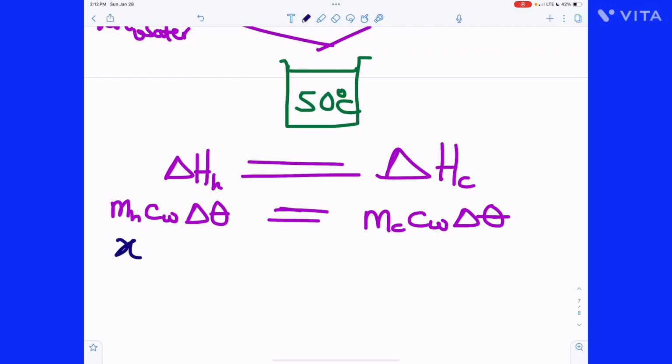They are both the same on the left and right, so you can cancel the specific heat capacity of water. You understand? That's like dividing both sides by the specific heat capacity of water.